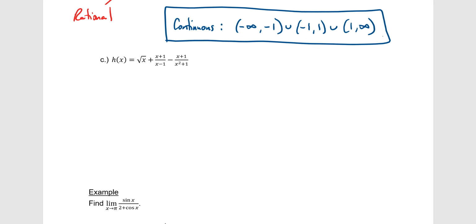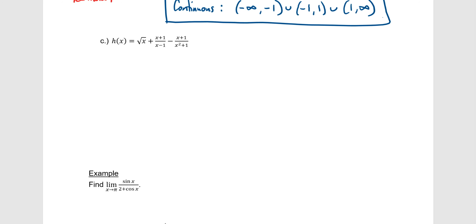Okay, next one we have h of x, which is square root of x plus 1 over x minus 1 minus x plus 1 over x squared plus 1. So we have a mixture of things going on here. We're going to use what we learned on the previous page and do each one of these separately. For the first one, the square root function, that is continuous over its entire domain.